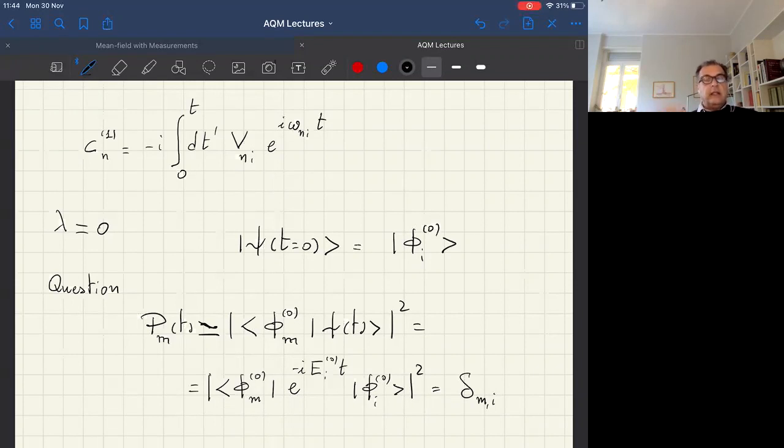The probability to find it in any other eigenstate is 0. Okay.